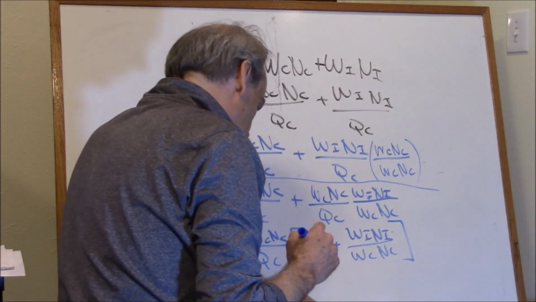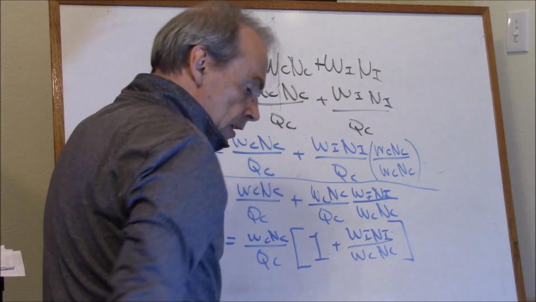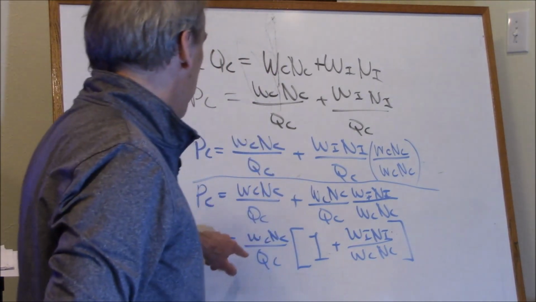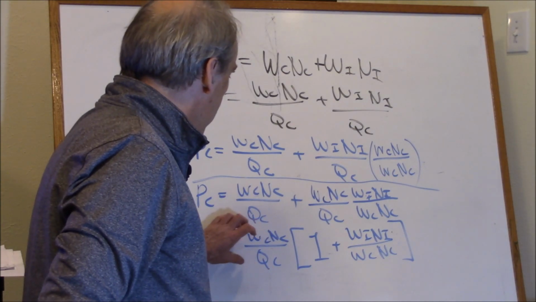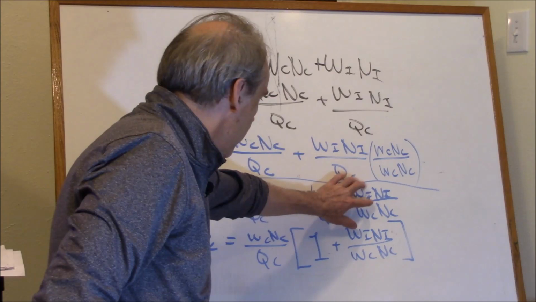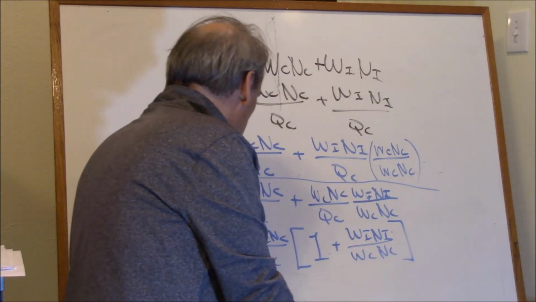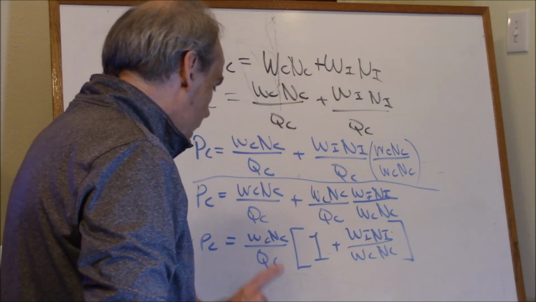That's it. All right. So all I did was factor out the WCNC. It was here and it was here. I factored it out so that now it's this times 1 plus that expression right there. That'd be complicated. All right. Now, this ends up pretty much being the equation.